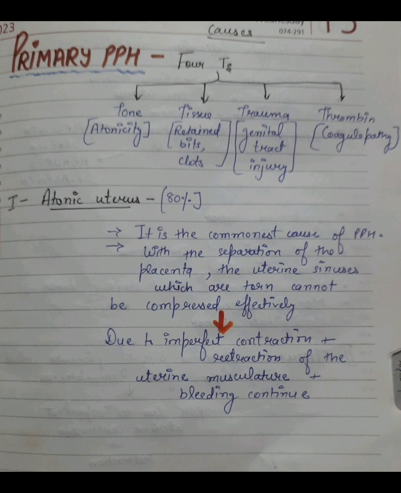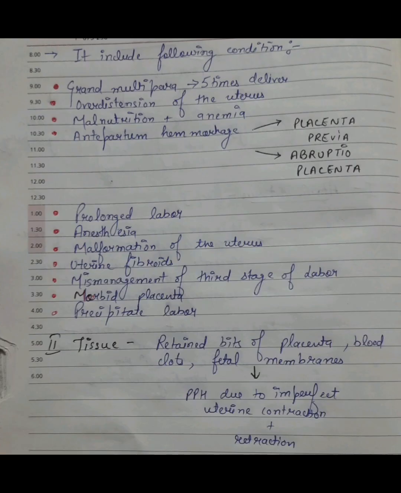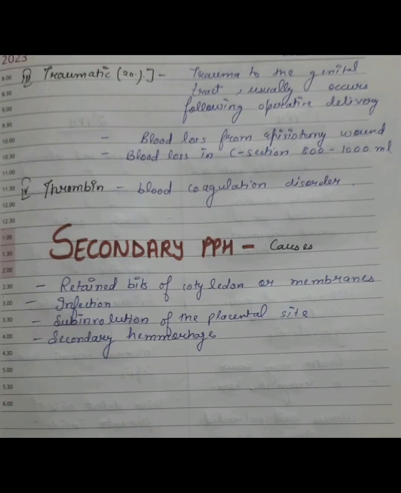So in today's video we talked about the primary PPH causes, as it depends on four categories, right? There is tone, tissue, trauma, thrombin. Tone depends on, as I mentioned to you, atonic uterus, right? And in case of tissue and in case of tone, it mainly depends on imperfect contraction and retraction. Trauma depends on genital tract injury or blood loss from cesarean section, right?